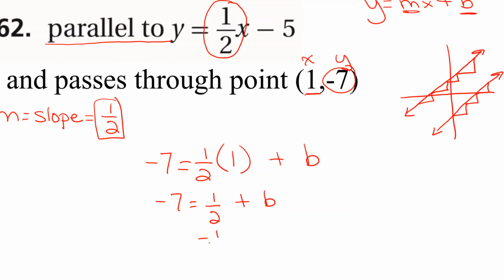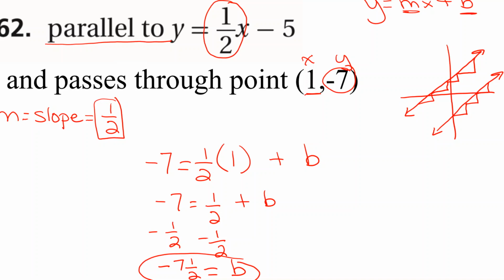If we subtract 1/2 from both sides, I see negative 7 minus 1/2 is equal to negative 7 1/2, which equals b.